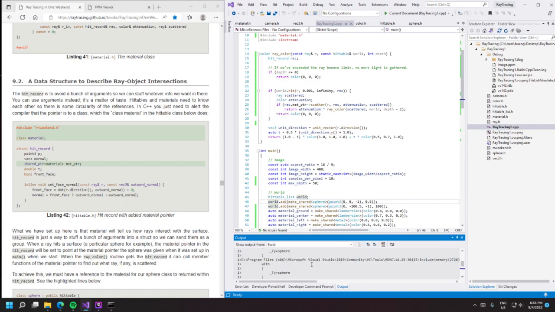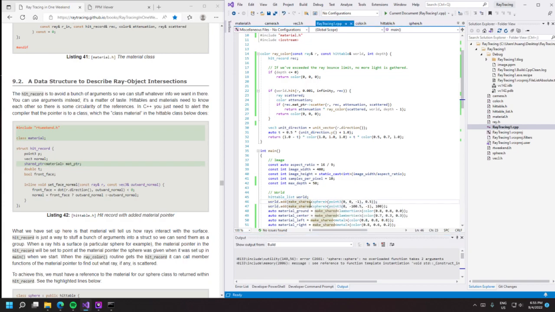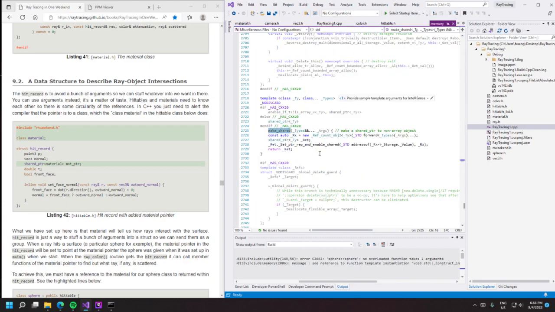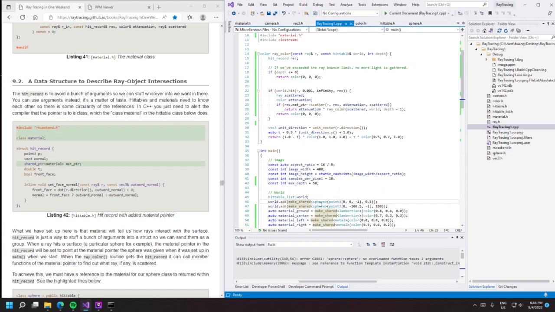Okay. Well, I think the problem is basically that the sphere function is... oh no, we don't want to go to this. Okay, I don't want really to go there. No overload function takes 2 arguments.